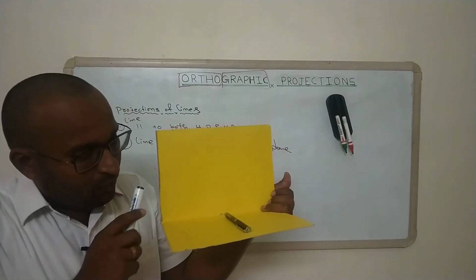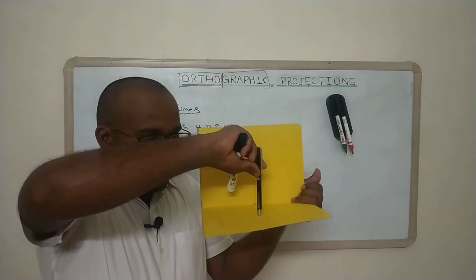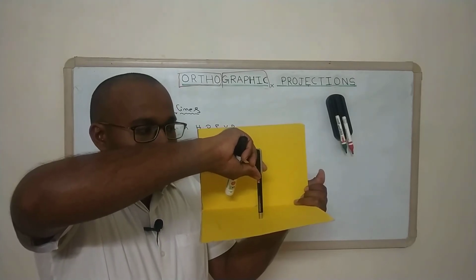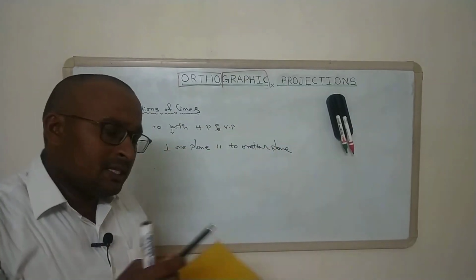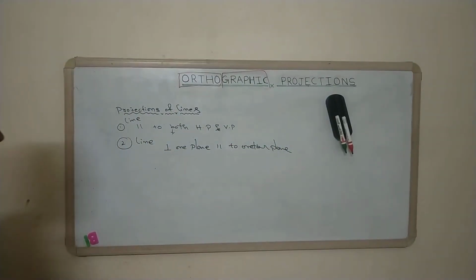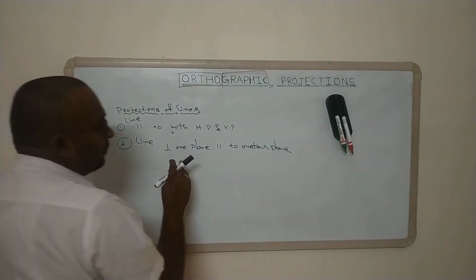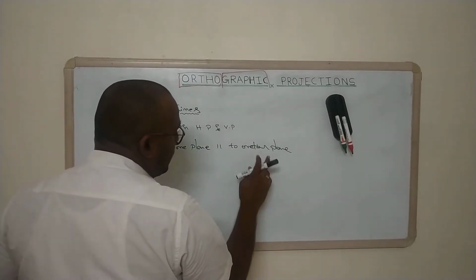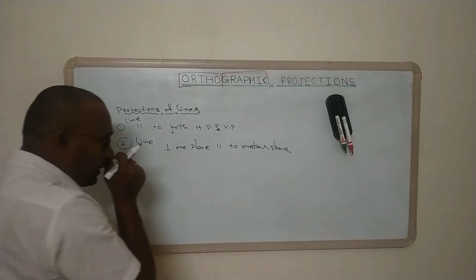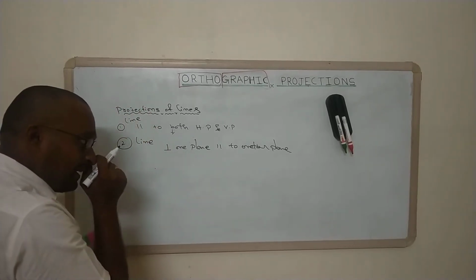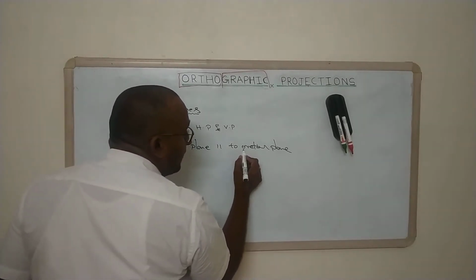So this is the second condition: the line is perpendicular to one plane and parallel to another plane. Perpendicular to HP means the line is parallel to the VP.